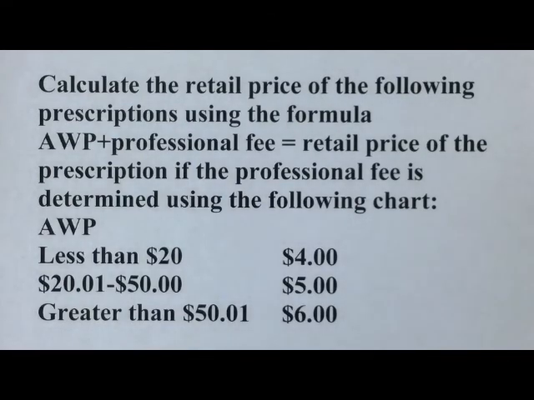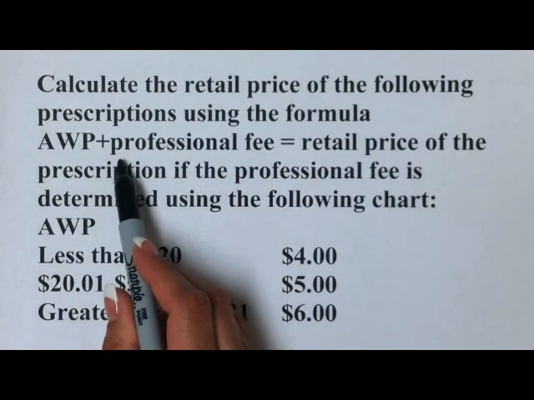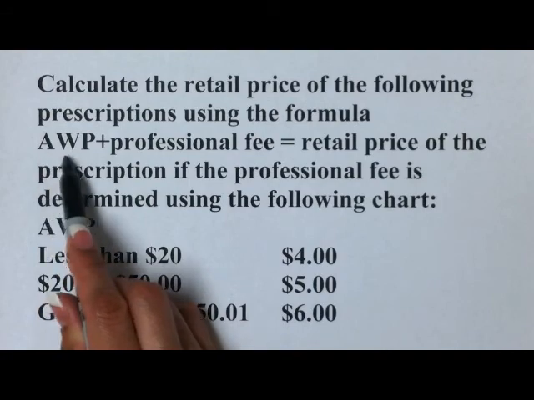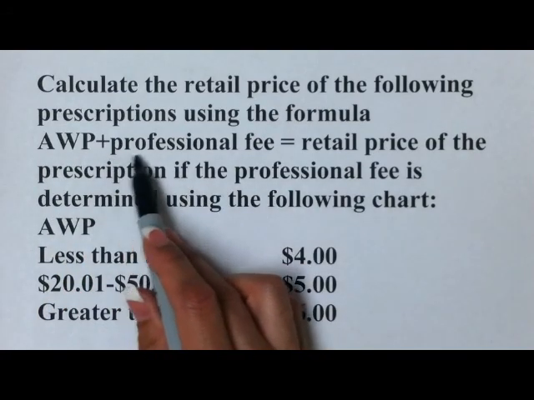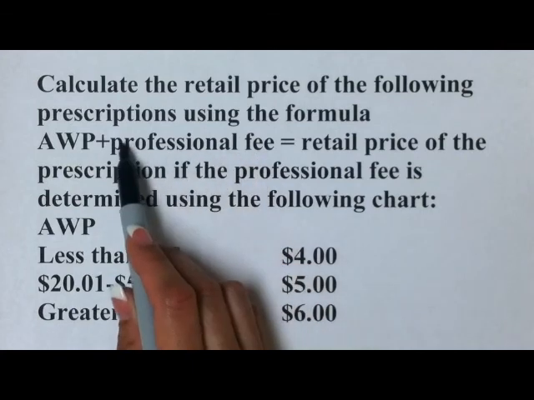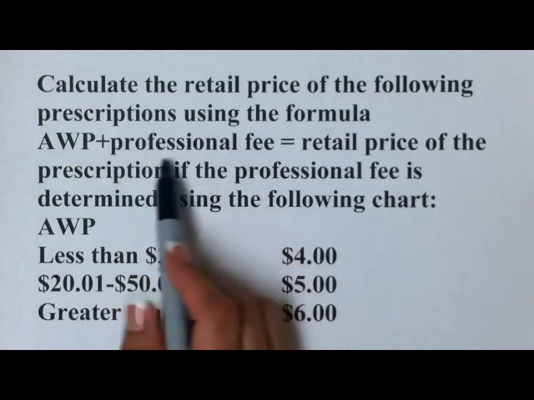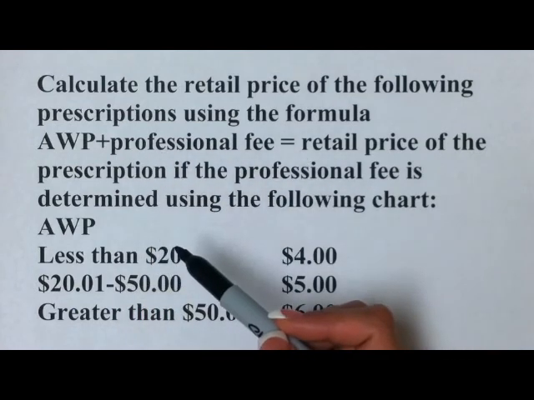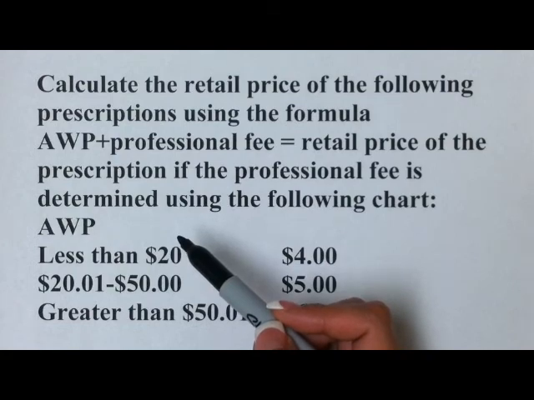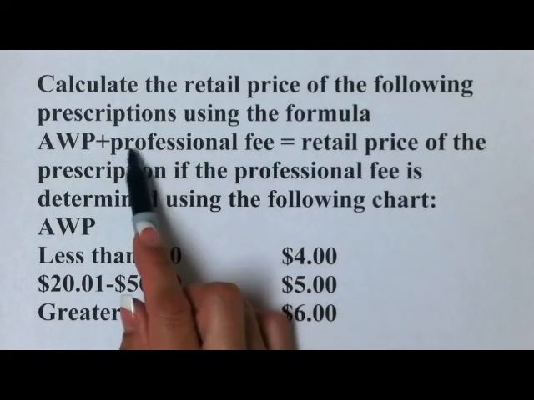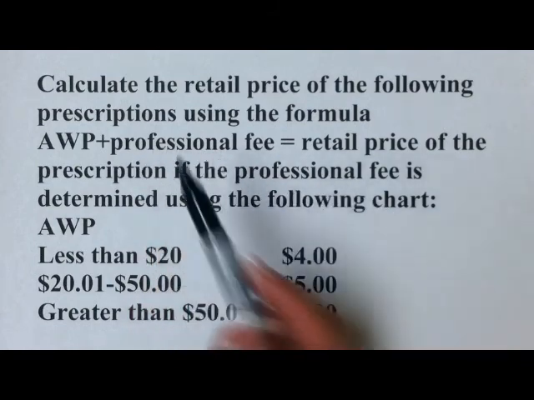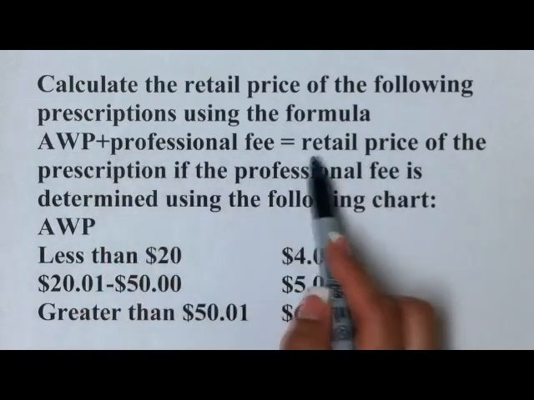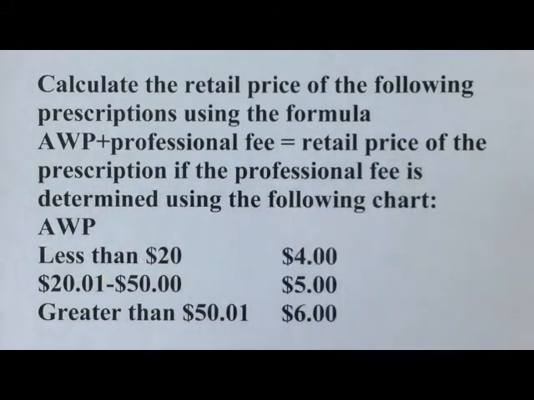In this question, we're asked to calculate the retail price of the following prescriptions using the formula AWP, which stands for average wholesale price, plus the professional fee. This is something that all prescriptions are charged. It's the fee that helps cover rent, supplies, and personnel. When added to AWP, it equals the retail price of the prescription.